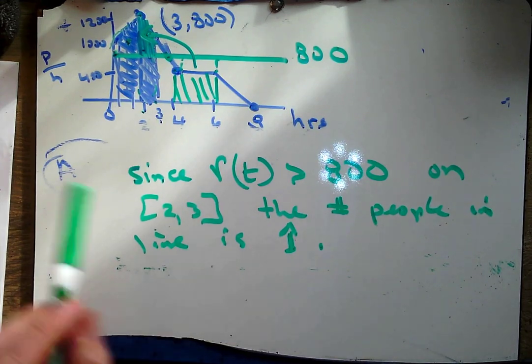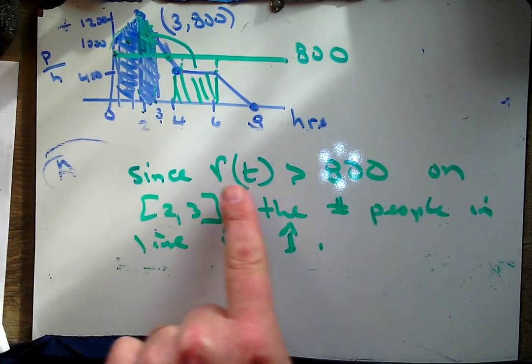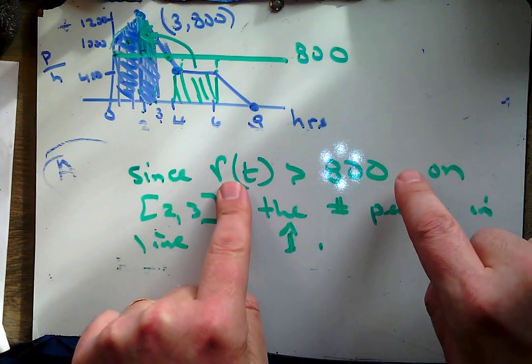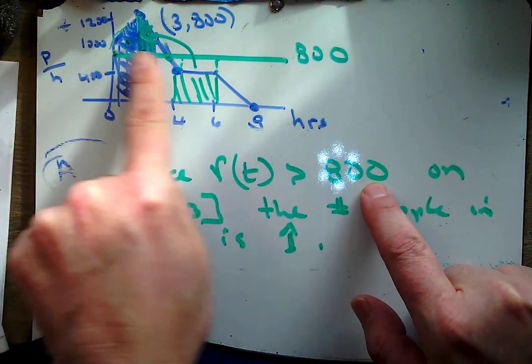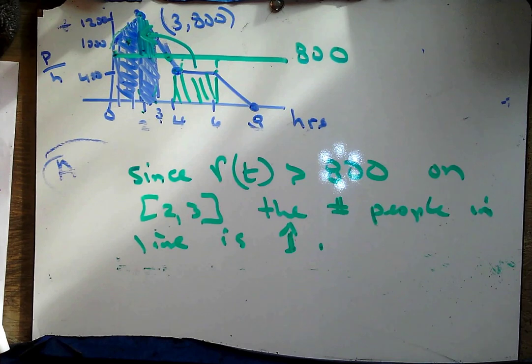Period. Yeah, that's my justification. Because the rate in is above the rate out, the line is getting longer.